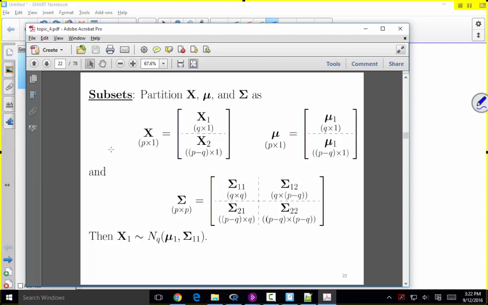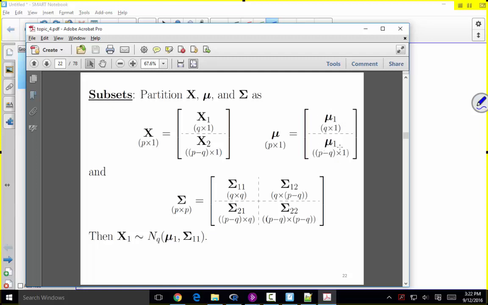Partitioning, we've done this already in topic 2. Same idea here. If I have P variables, capital X is P variables, you could partition it arbitrarily into, say, Q and then P minus Q. Then you have a Q vector that is the mean for the first chunk and a P minus Q vector that's the mean for the second chunk.